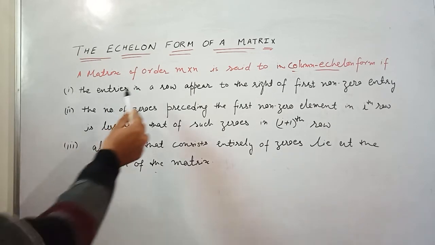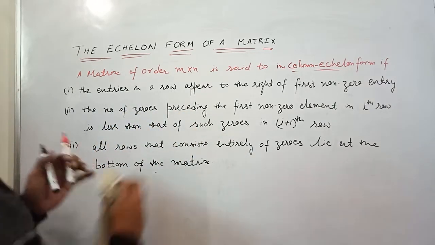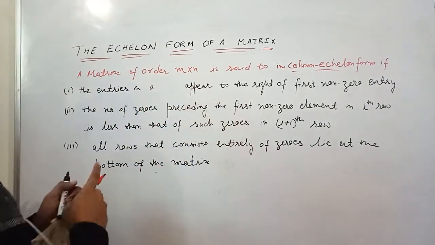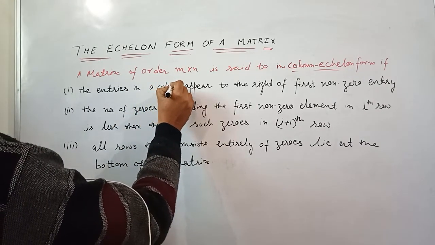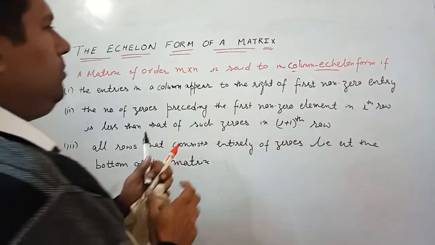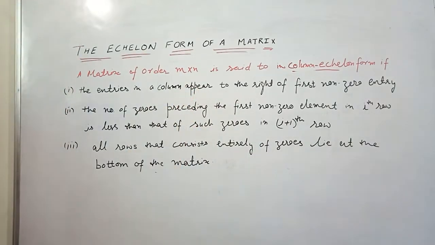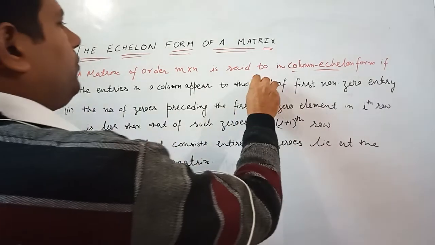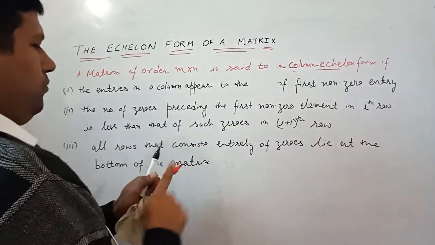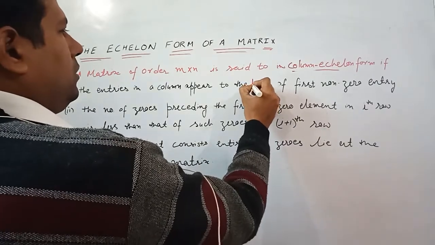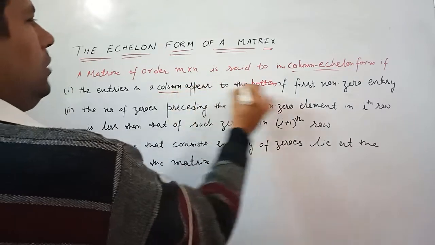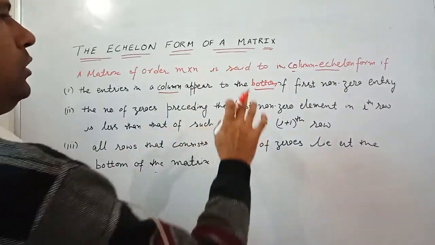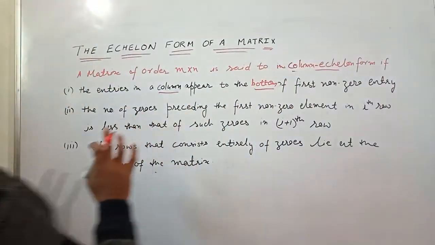Okay, the entries in a column, everywhere just replace row by column, appear to the right. So in place of right, we'll say here bottom: the entries in a column appear at the bottom of the first non-zero entry.